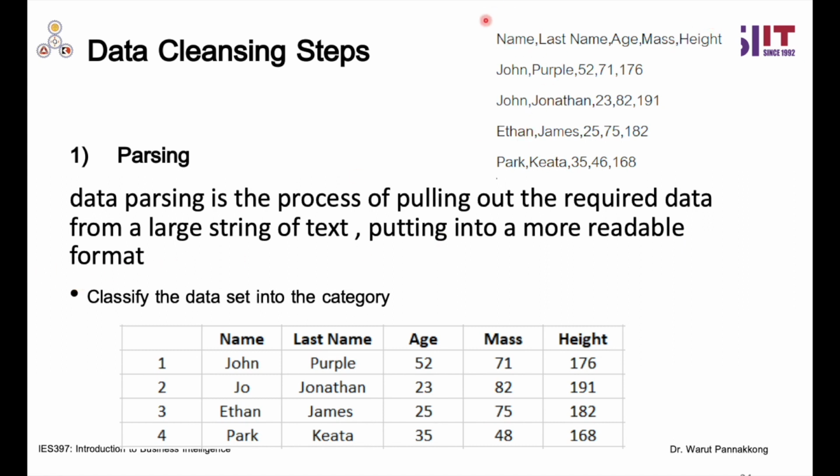For example, if you have data in a long string of text like this, separated by commas, it's very difficult to read. It's better to classify them into columns and categories. So these are separated into different attributes, which include the name, the last name, the age, the mass, and the height.